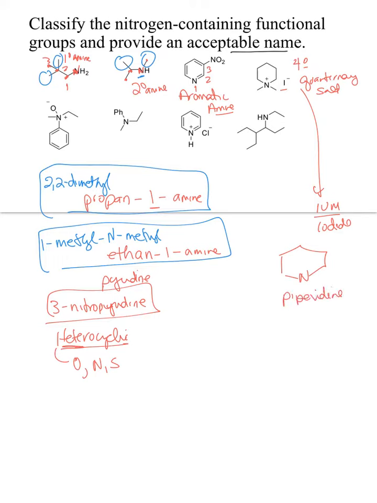You've got 2 substituents here, methyl, so it would be N,N-dimethylpiperidinium iodide: drop the E and write -ium, iodide.